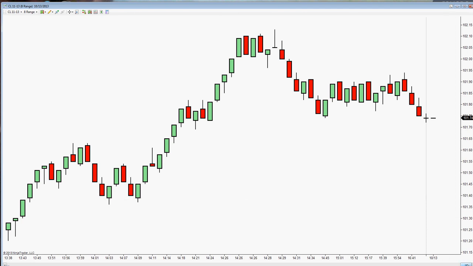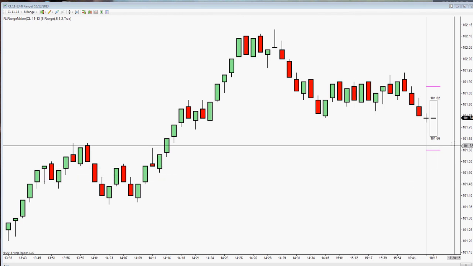Now, the first indicator I'm going to put in is actually the Right Line Range Maker, and I'm going to show you how advantageous it is to be able to estimate the close of the price bar either to the upside or to the downside.